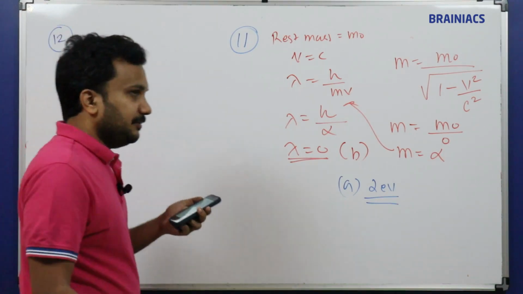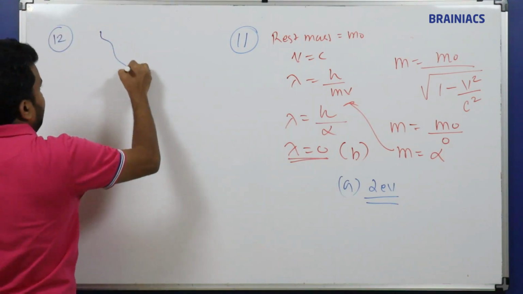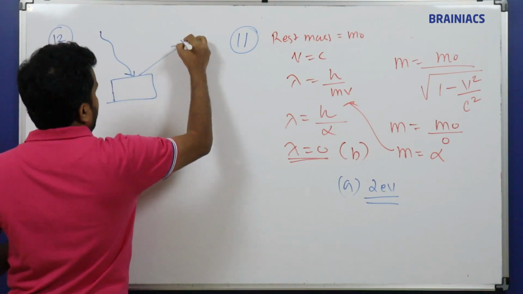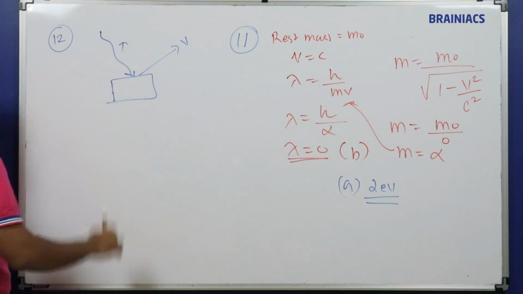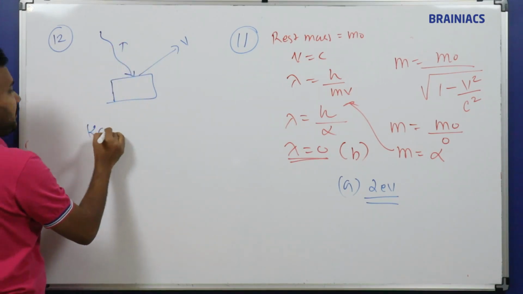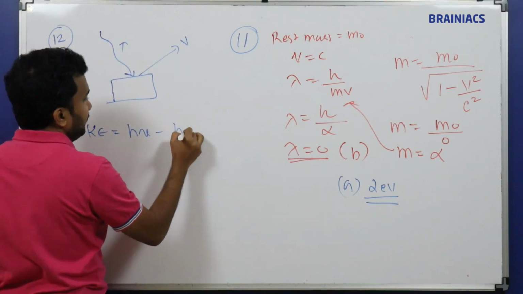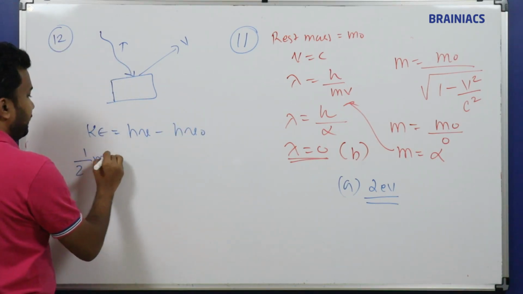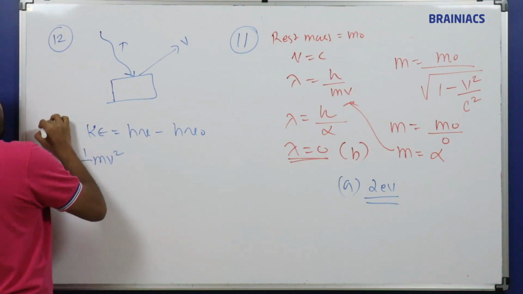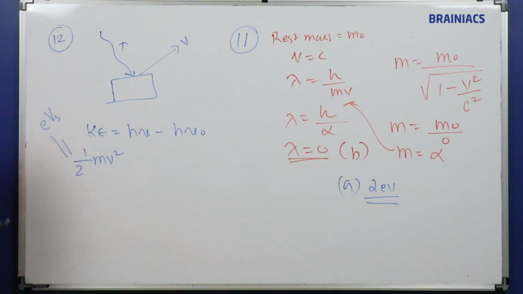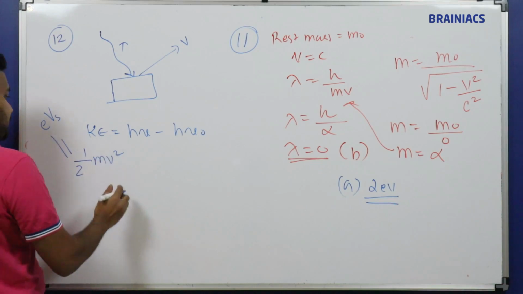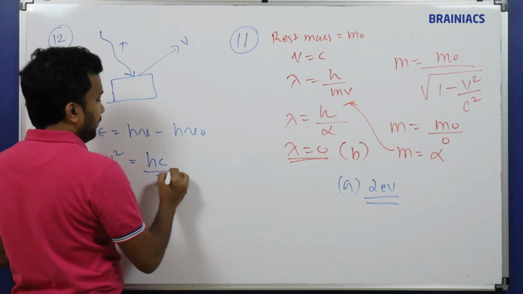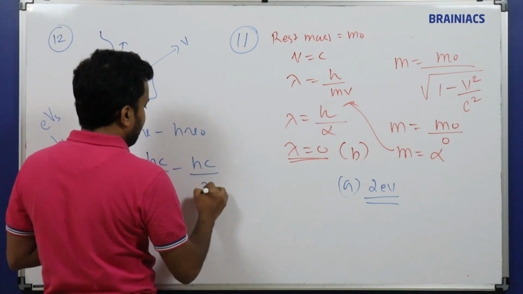If the exciting wavelength is changed, okay, so an electron is hitting a metal surface, and electrons are going with a velocity v when lambda is coming. So we know the kinetic energy is h nu minus h nu naught. Kinetic energy is half mv square, or this is also equal to e Vs, the stopping potential, e Vs is equal to h nu. I know it is hc by lambda minus hc by lambda naught.